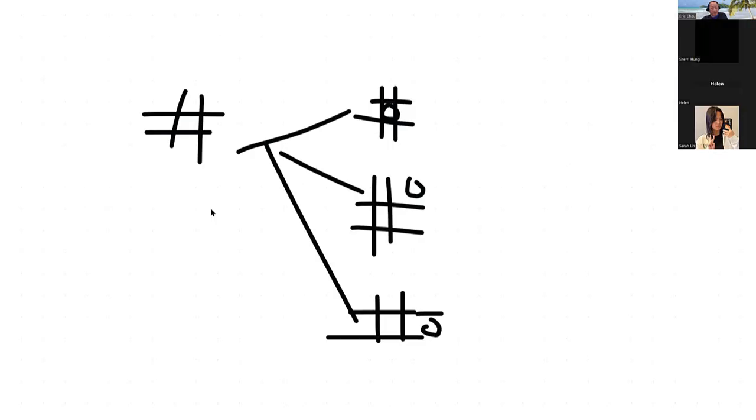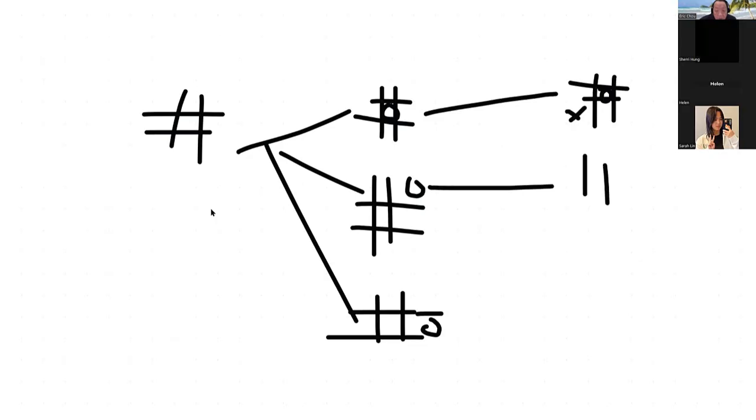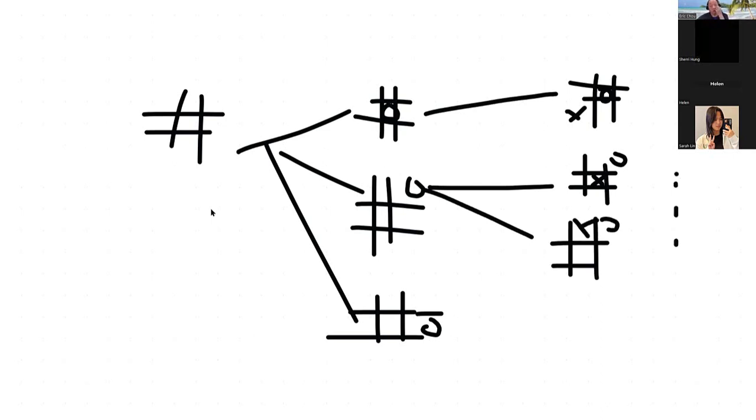So totally there are 9 possible boxes you can put in, but some of them are symmetric, so there are totally 3 different styles. And then you can go further down to another level. Look at how the cross can play. There are many options. So this kind of tree is called an evaluation tree.